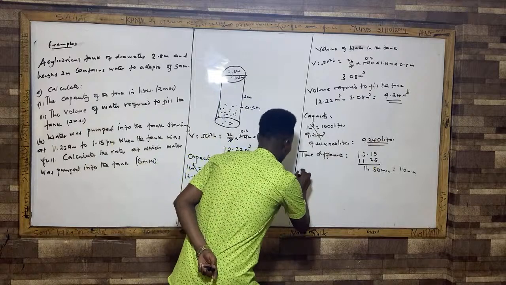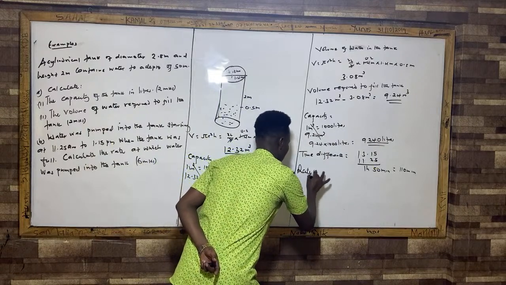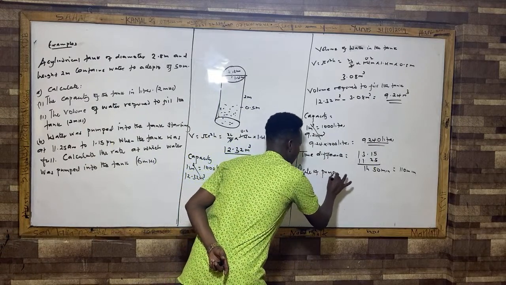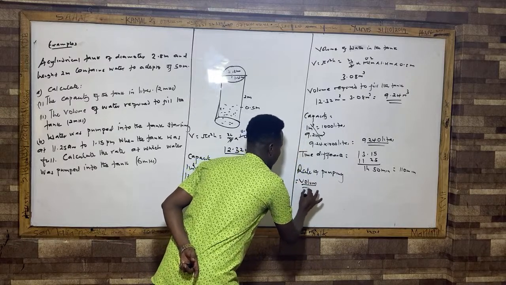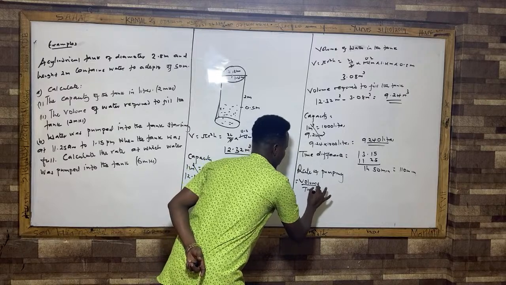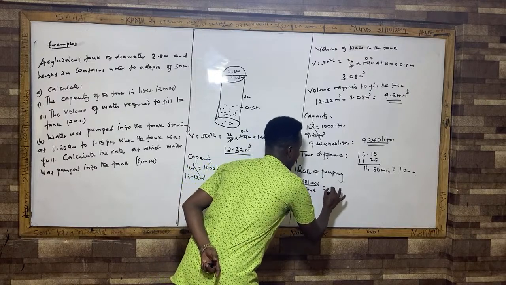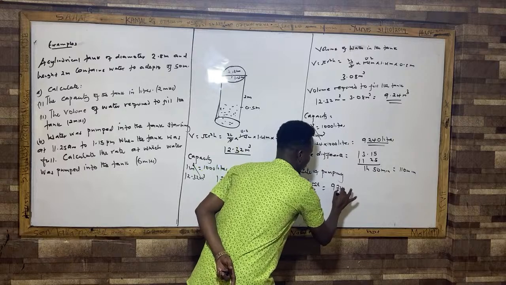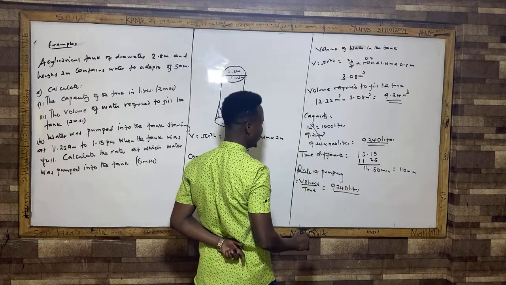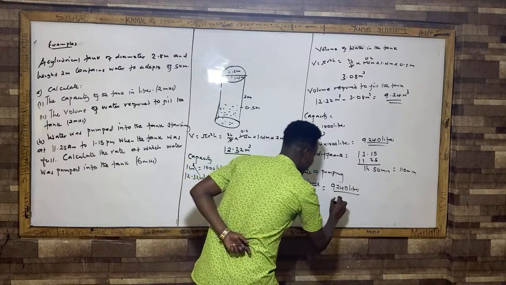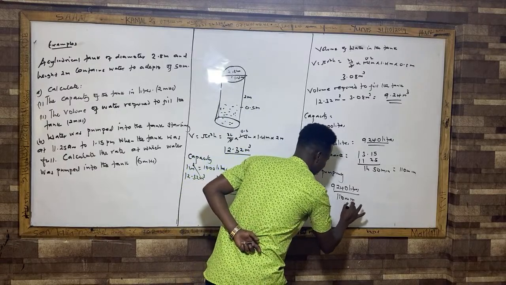Which is 110 minutes. So rate of pumping is volume divided by time, which is 9,240 liters divided by 110 minutes.